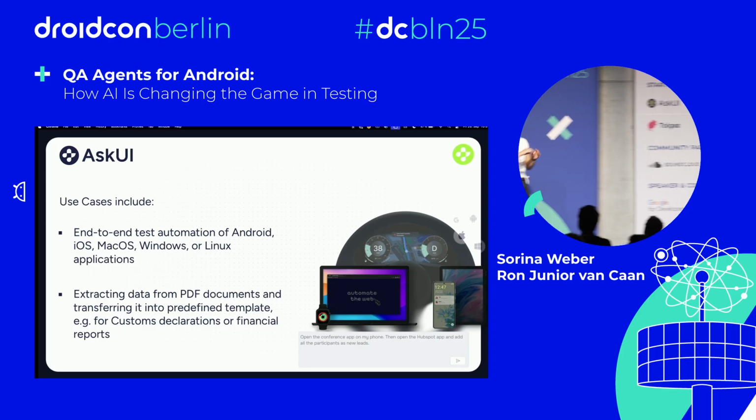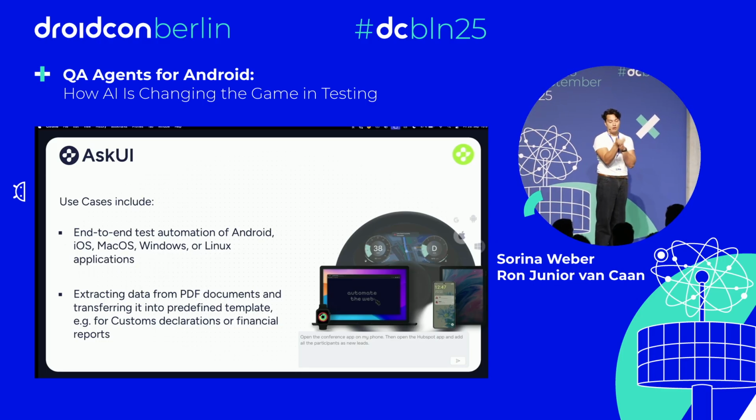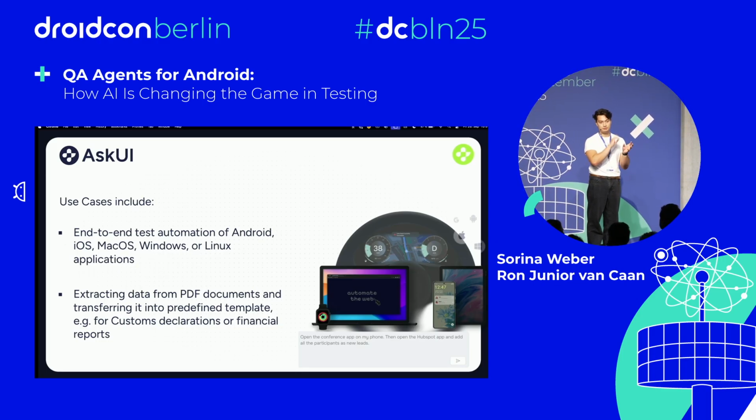Instead of coding or anything, you just basically talk, like, I want to click this button or do that. Some use cases became apparent with enterprises in Germany. For example, Deutsche Bahn. You've probably all taken a train, and you've probably also bought a coffee or a Coke in the train, and they have a point of sale system in the train. It's run on Android, and the way they tested this was manually.